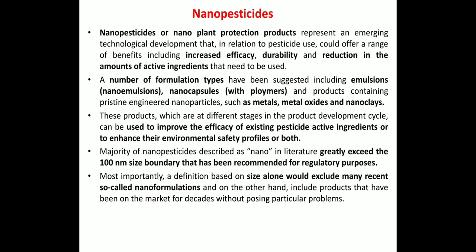The next one, we can see the concept and detailed information regarding nanopesticides. Nanopesticides are plant protection products that represent an emerging technological development in pesticide use, with a range of benefits, including increased efficacy, durability, and a reduction in the amount of active ingredient that needs to be used.